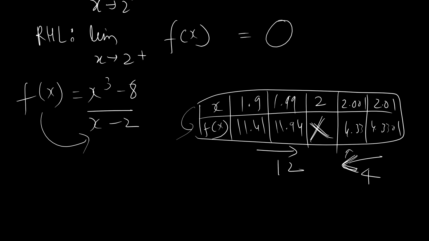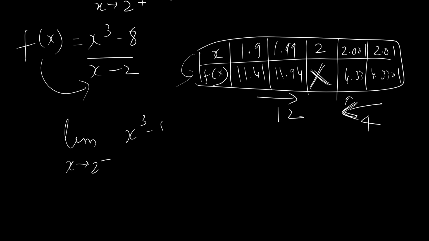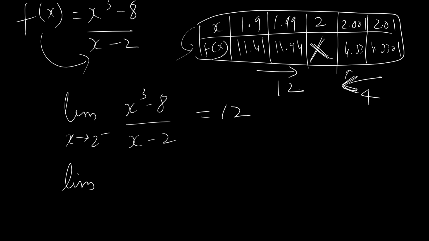So what we can say is that when x approaches from the negative side, the limit is 12, alright, and when x approaches from the positive side, the limit is 4.